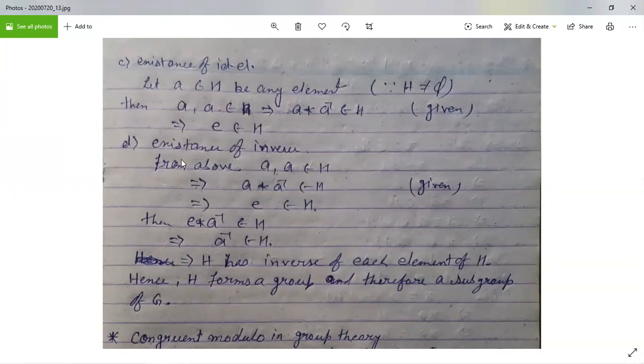Next one is the existence of inverse. This is the last condition for a set to be a group.